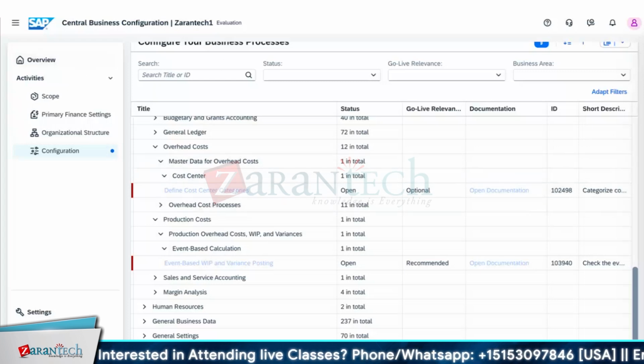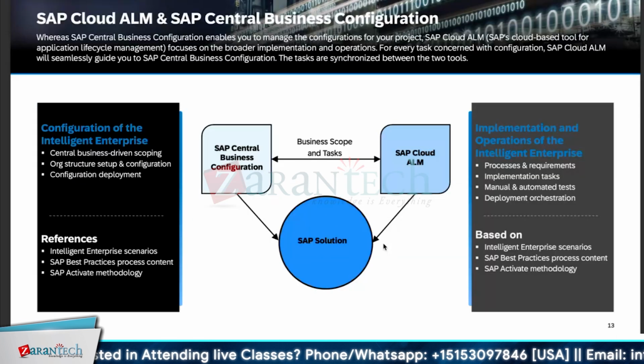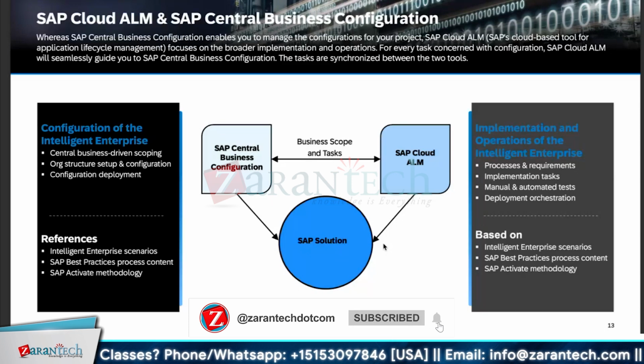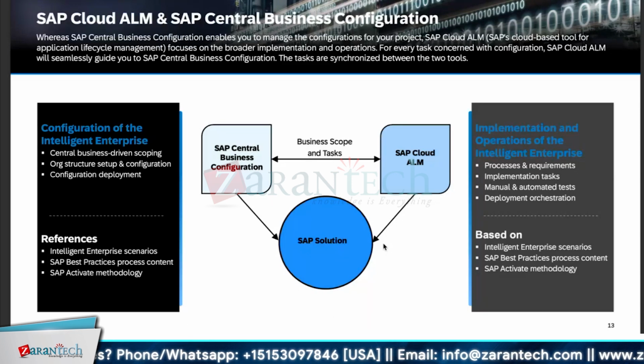Okay. And the next one is a continuation, so I'm going in a flow now. This is where I stopped in my last point. SAP has Cloud ALM and central business configuration as well. As you have seen here, we have an SAP solution bounded here, wherein the central business configuration and Cloud ALM are in tight integration.